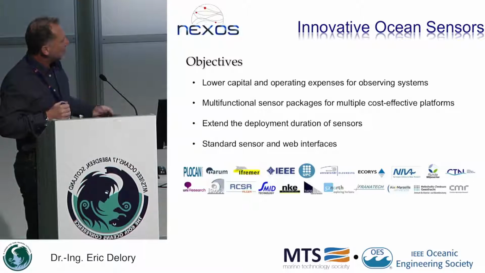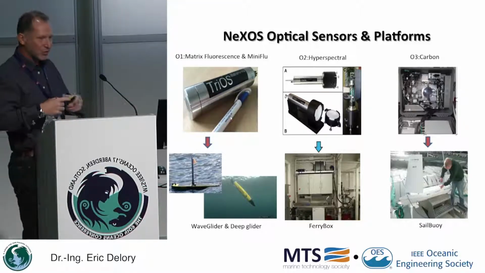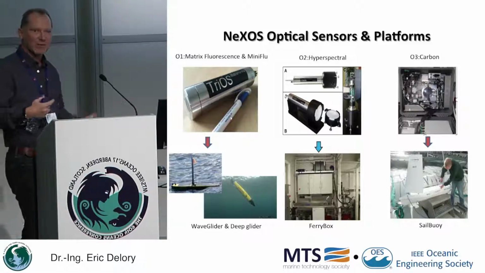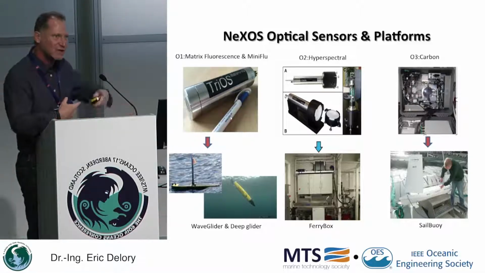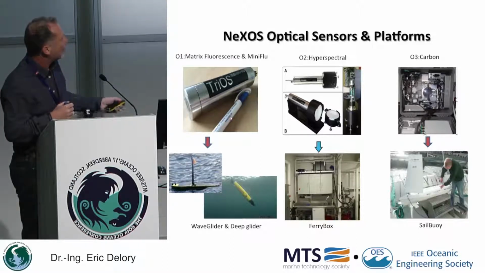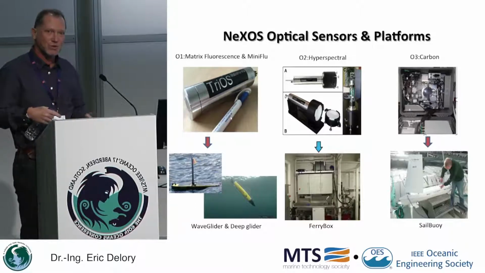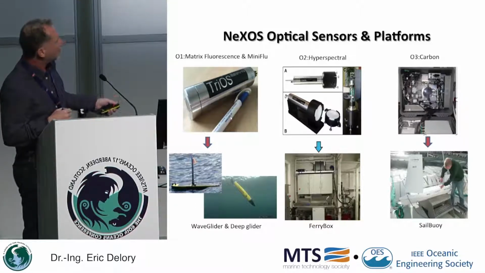So in Nexus, we've developed different sensor technologies, basically multi-functional optical technologies out of the same sensor. Measuring one variable in the past, now you would be able to measure several variables through combinations of wavelengths, or using hyperspectral cameras for extracting, for instance, groups of phytoplankton. So these are now nearly commercially available.